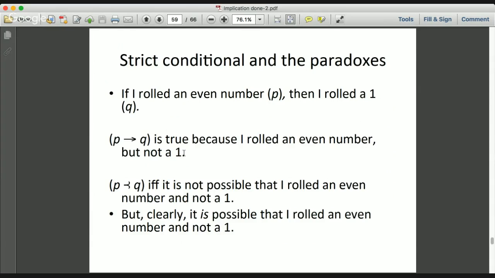I don't even think that's right. What am I talking about? I must have written that wrong. It's true because I rolled a 1 but not an even number, I think that's supposed to say. Needs a box in front of it.